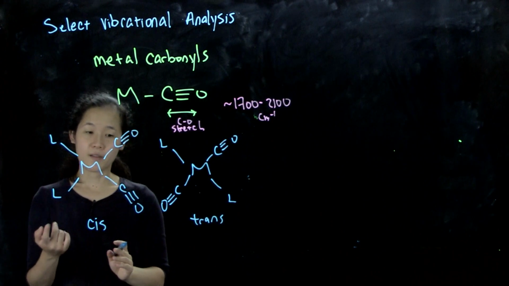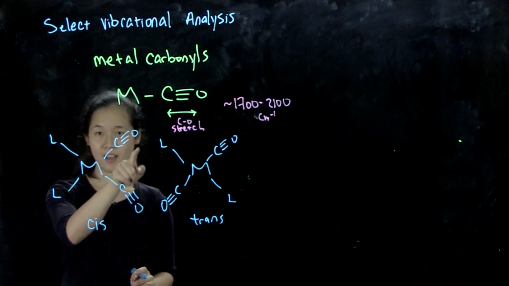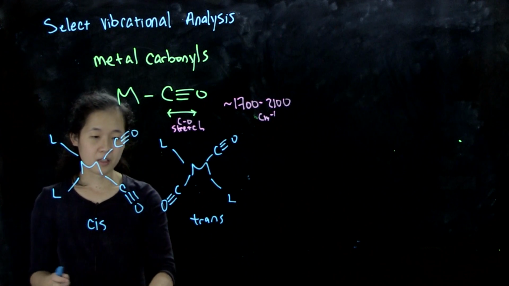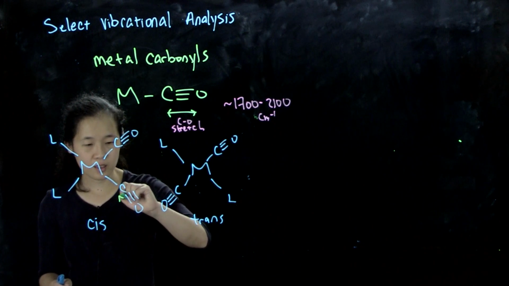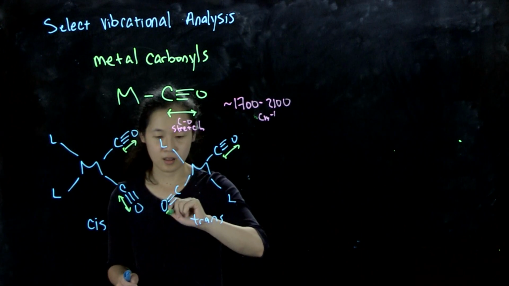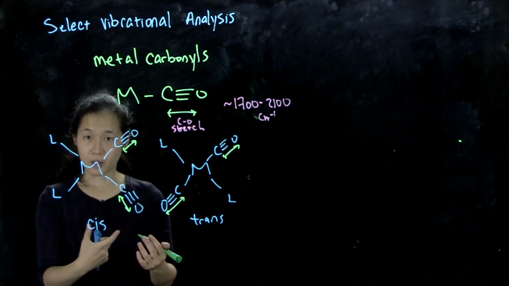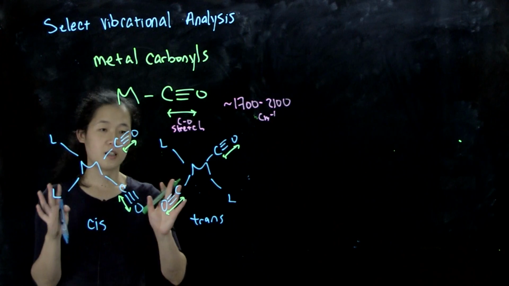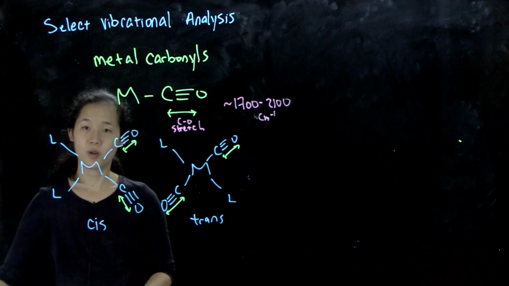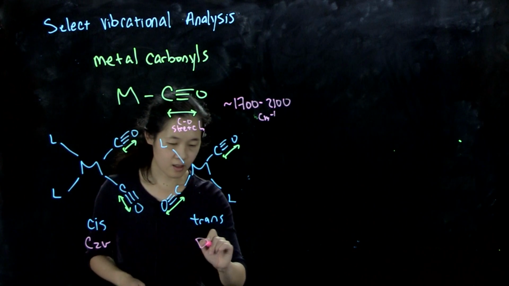And so rather than having to do 3n minus 6, so we have 1, 2, 3, 4, 5, 6, 7 atoms, that would be 15 vibrational modes to go through. What we can instead do is treat just the two CO vectors of both molecules here, and then derive the CO stretching modes and figure out what they should look like in IR spectroscopy. So let's first assign the point groups. This is C2V, and this is D2H.